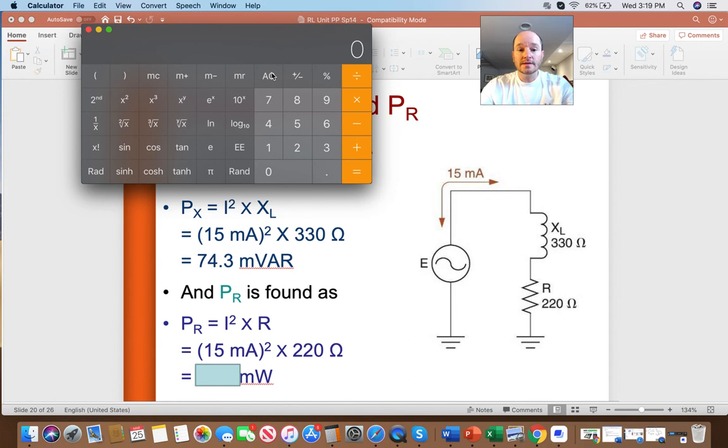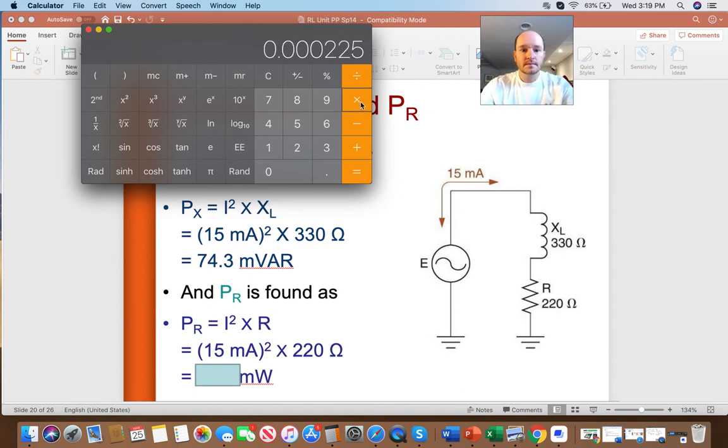So now let's go ahead and do that again. This time we're going to use the resistor value of 0.015 times 220. Oops, forgot to square that, common mistake.